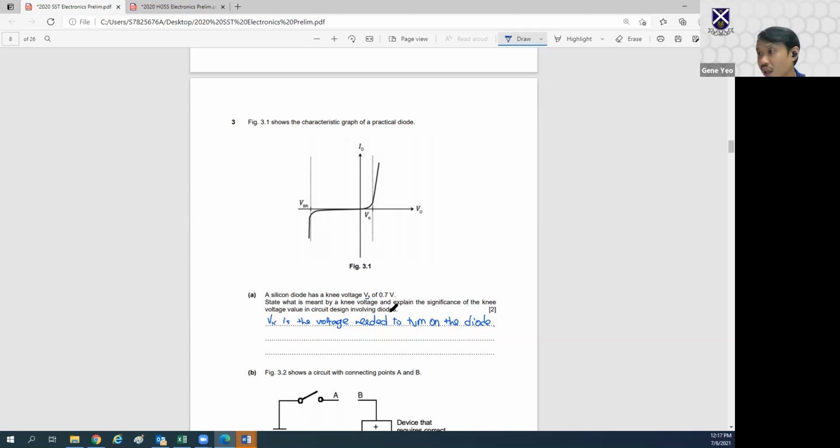And so what's the significance of the knee voltage when you are doing a circuit design?